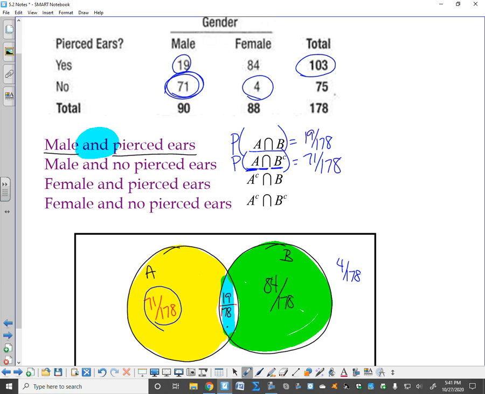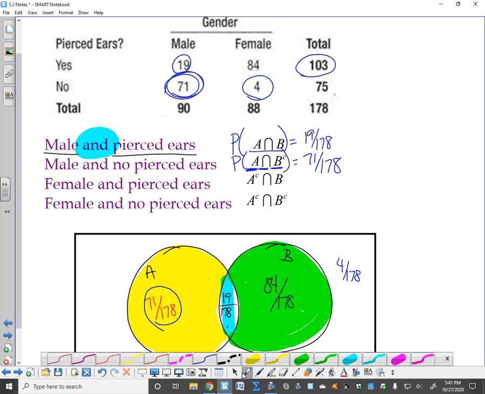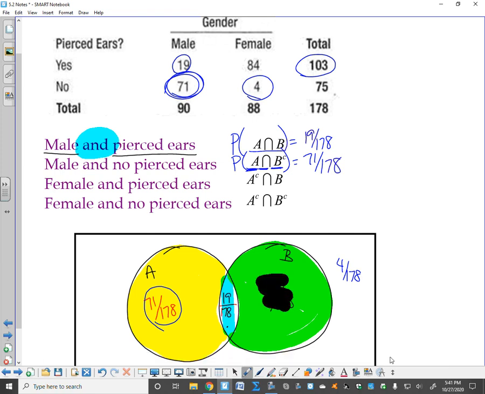I don't have a bubble for female, but I know that I am not male. If I'm not male, I'm them and them. Those are all my not males. Because think about it, what's 84 plus 4? That's 88. And then look back up at your table. I got 88 females. So not males have to be outside of the A bubble.